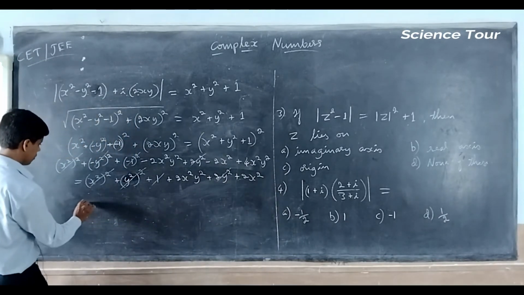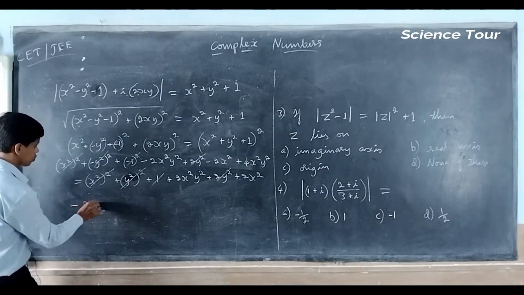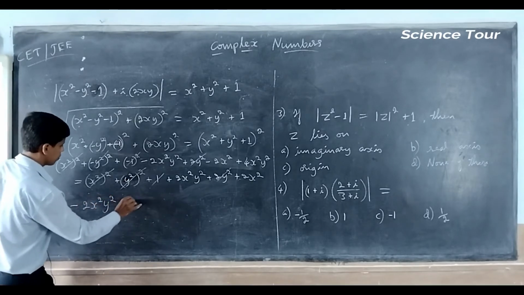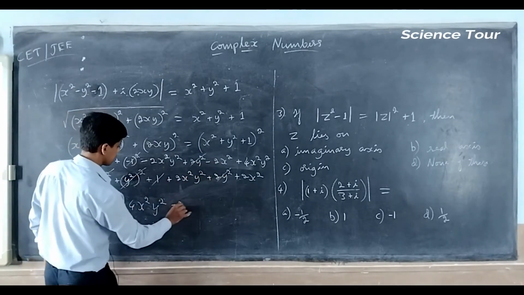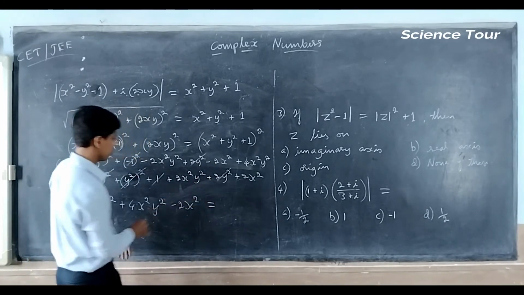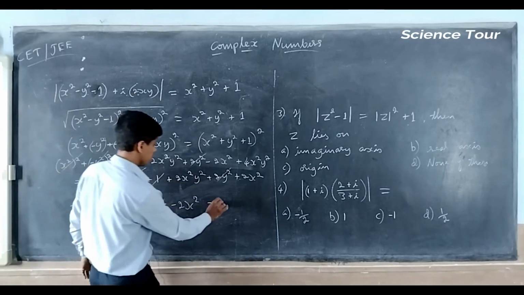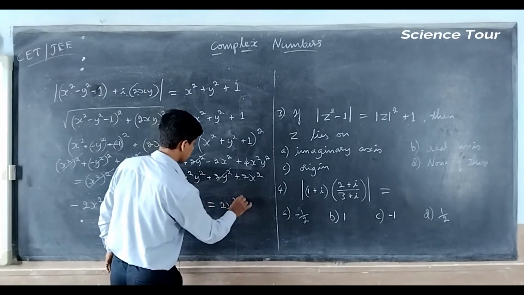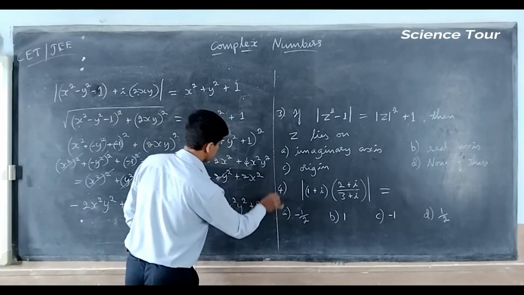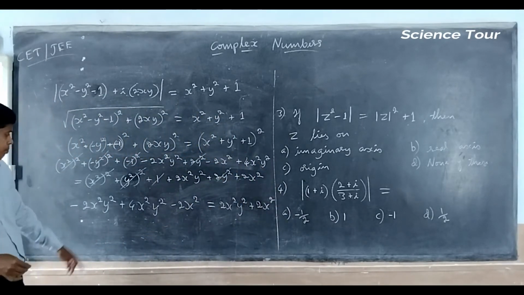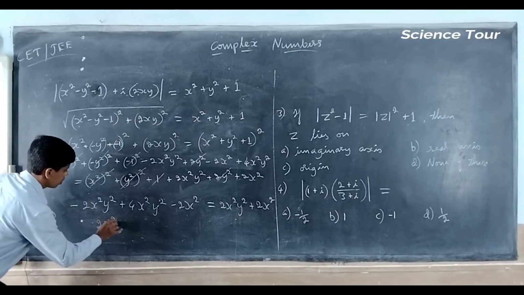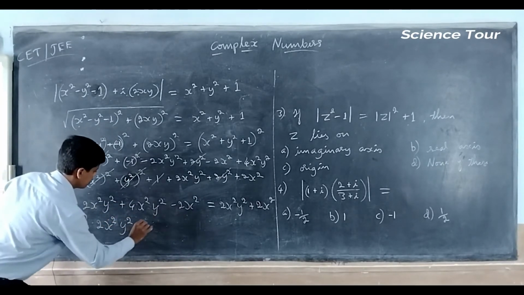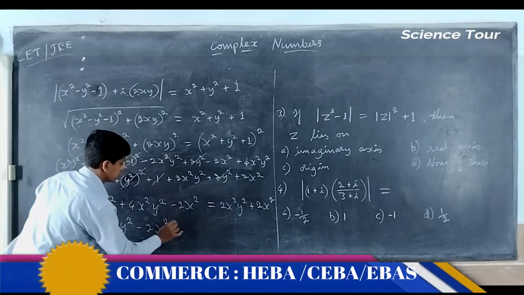Now what are you left with? You are left with 2x square and y square plus 4x square y square, and then this is minus 2x square, and on the other side you have got 2x square y square plus 2x square. Now this is 4 and this is minus 2, so it will be 2x square y square and minus 2x square.